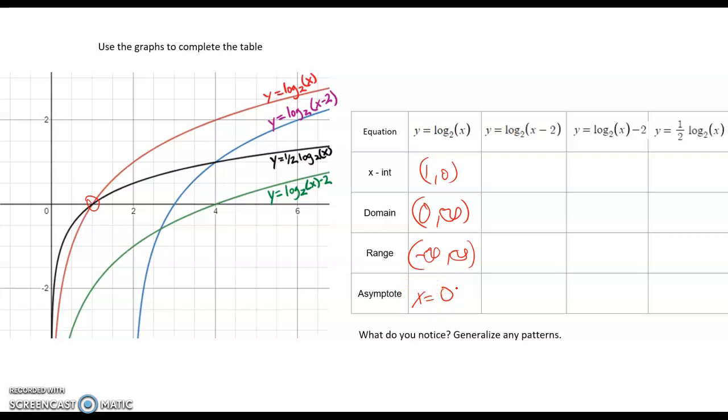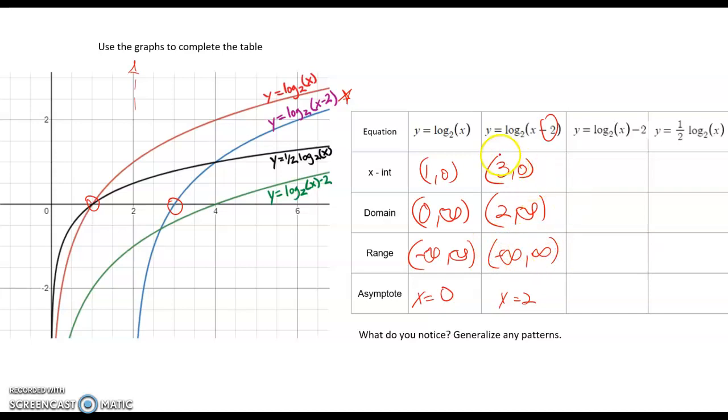Now, when I change it, when I subtract 2 here, that's this function, we are going to get a couple of different answers. We know that just looking at this, our x-intercept is 3, 0. Our asymptote is looking like it's going to be at 2, so I can fill that in. My domain is going to be 2 to infinity. My range is going to be -infinity to +infinity again.